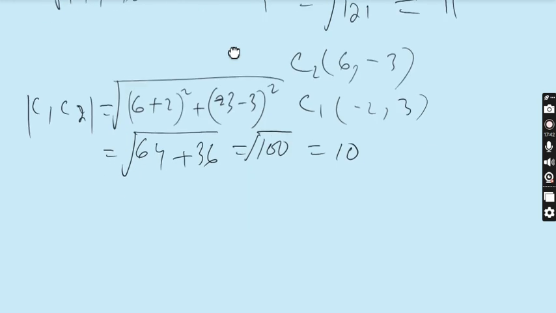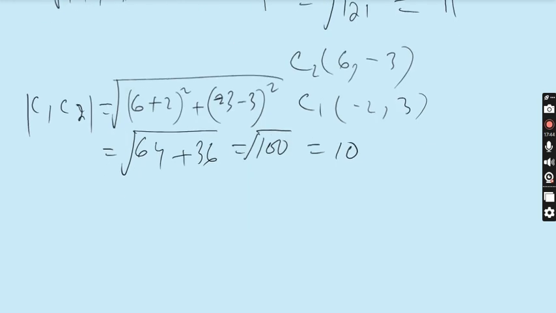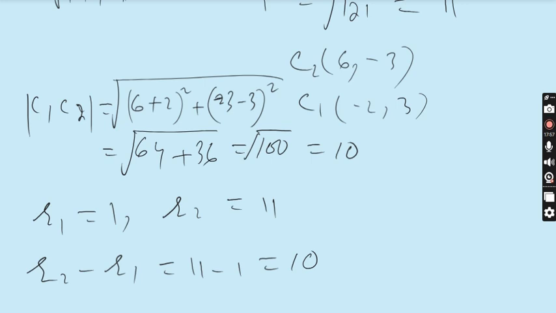And you can see R1 we have obtained is 1 and R2 we have obtained is 11. So the difference R2 minus R1 is equal to 11 minus 1, which is 10.